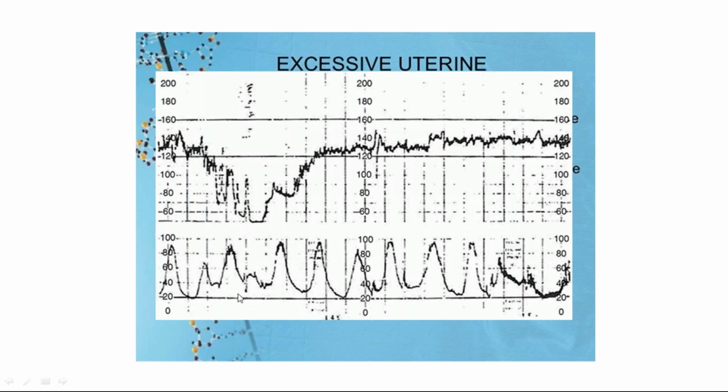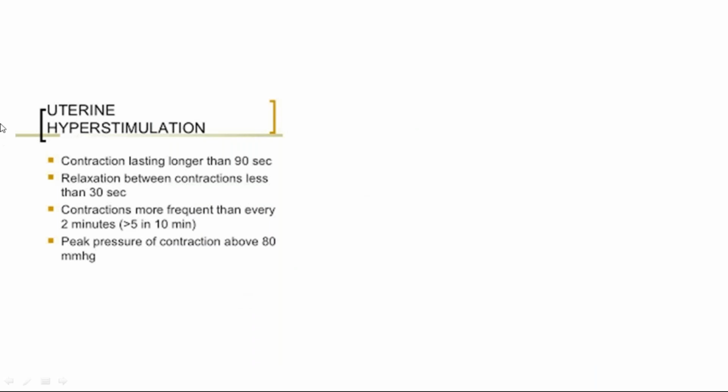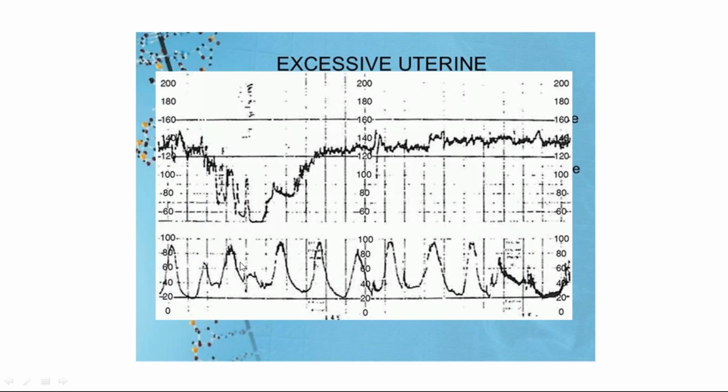Any one of them can be present to say hyperstimulation. So here relaxation is not there, the contractions are more frequent, and the peak pressure of the contraction is above 80 millimeters of mercury. See, here it is going above 80. Can you see this? All of you, it is going up to 90, right?